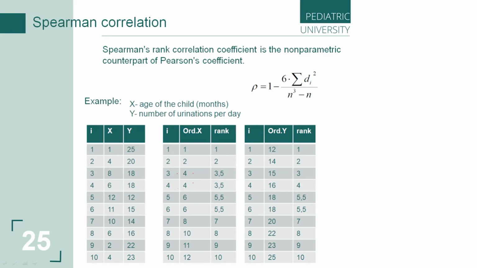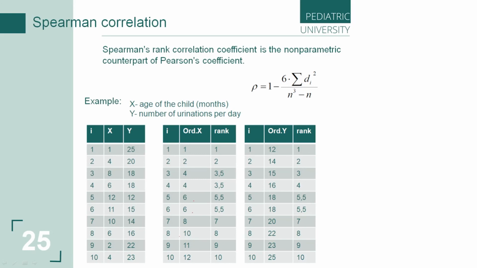Let's remember, if we have this situation, the rank will be the arithmetic mean of the ordinal numbers of the same values. So, ordinal numbers 3 plus 4 divided by 2. The rank will be 3.5 for each of these numbers. Then we again have the same values, 6 and 6.